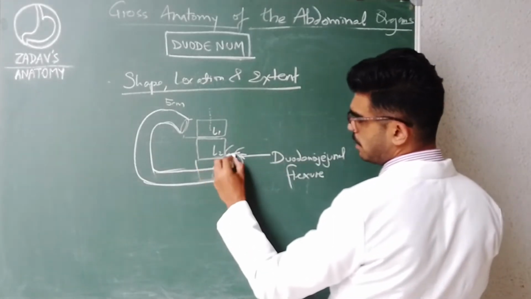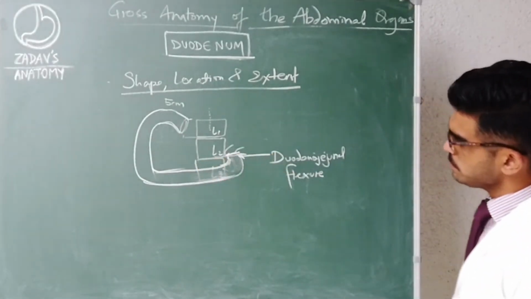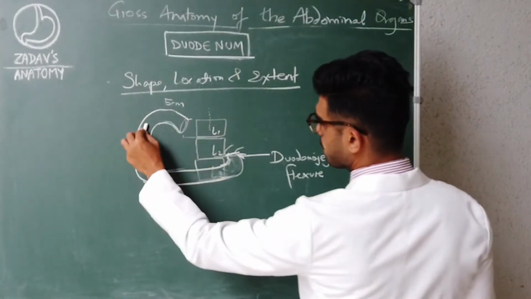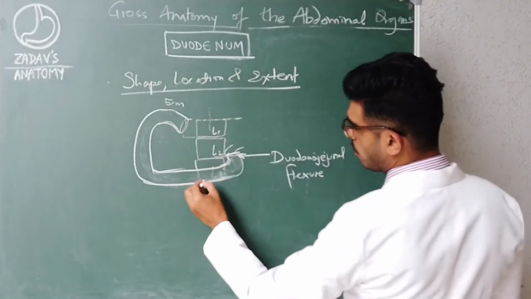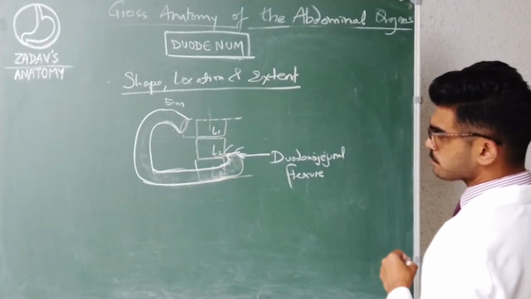So that's somewhere again at the level of L2 vertebra. So that's your C, extending roughly between L1 to L3 vertebra.